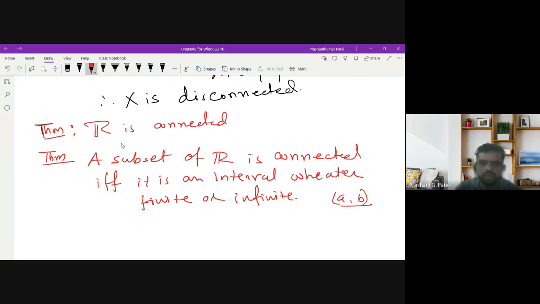So whether it is a finite or infinite interval, if it is connected, then it has to be an interval. Ultimately, the concept is that any connected subset of R will be an interval.